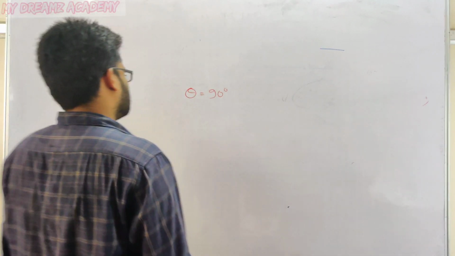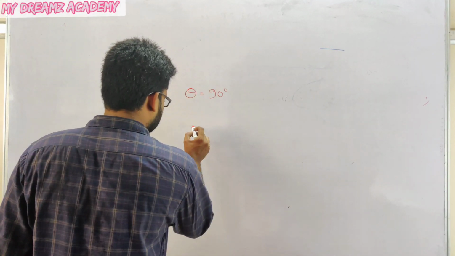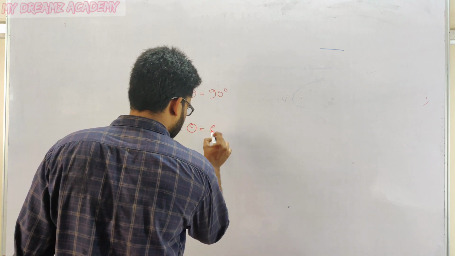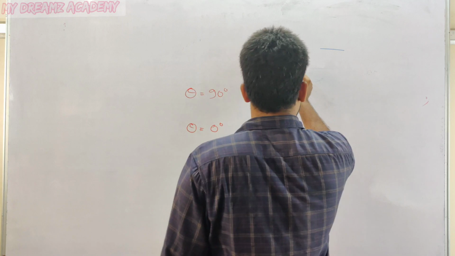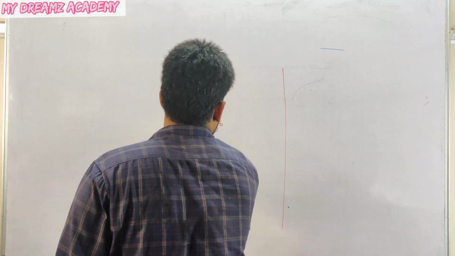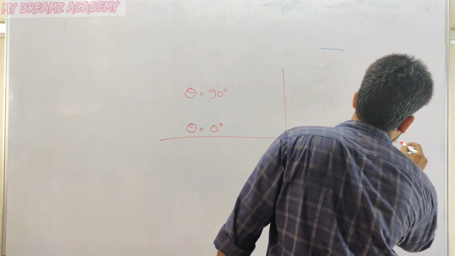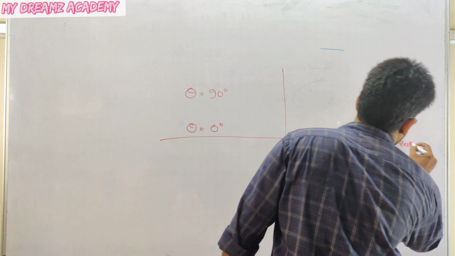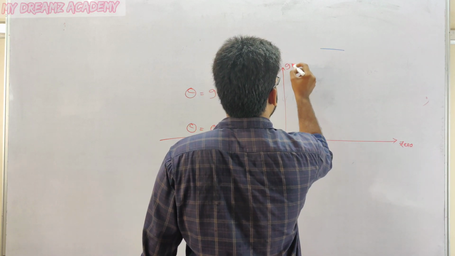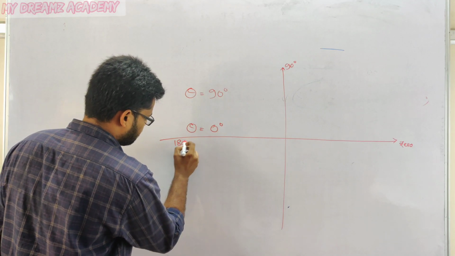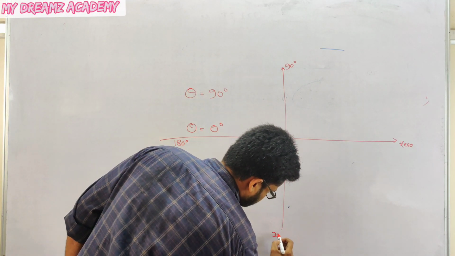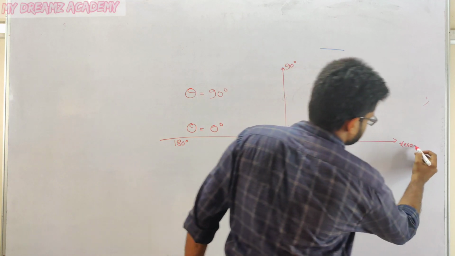Okay. So, if theta is equal to 0 degrees, the pattern. Let us consider this is the x axis and y axis. This is at 0 degrees, this is at 90 degrees, this is at 180 degrees, and this is 270 degrees. Again it is 360 degrees.